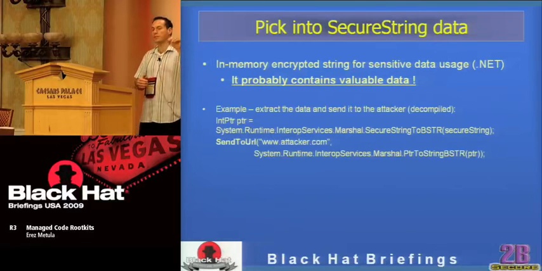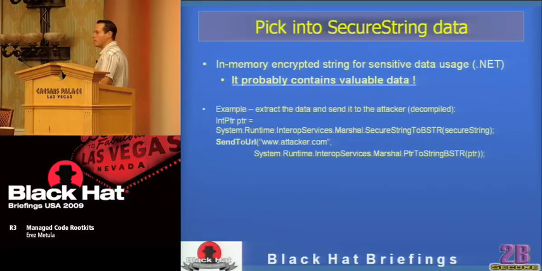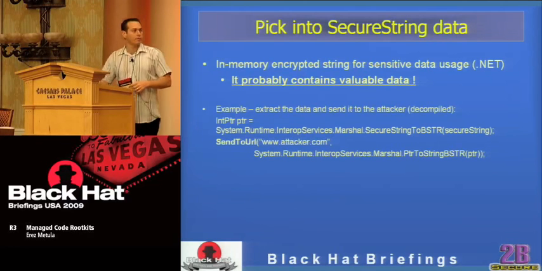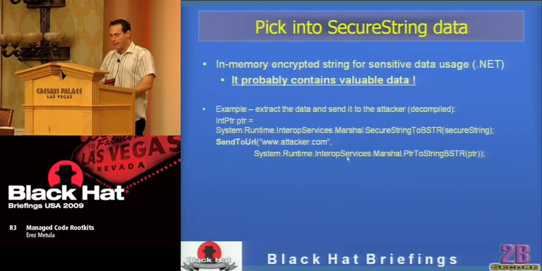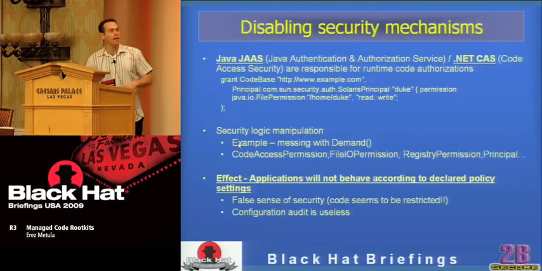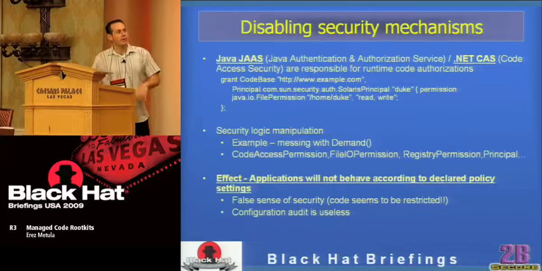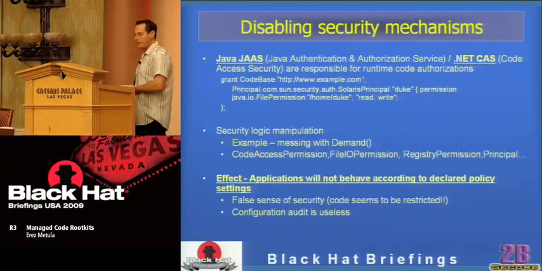If the developer chose to use secure string over regular string, it is because he had some reason for doing that. So it will make sense to look at secure string when, for example, sending the data using send to URL.